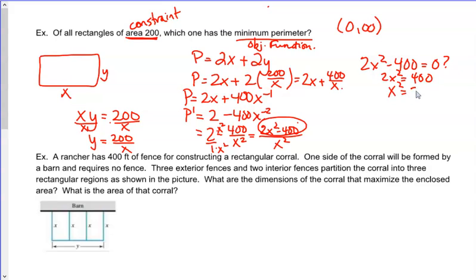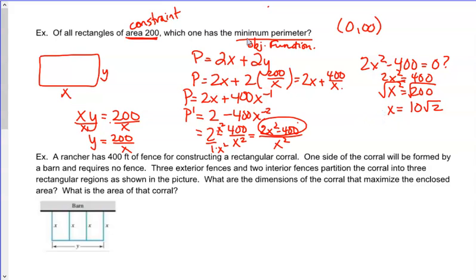Dividing by 2 says that x squared is 200, and then when I square root both sides, now normally there's a plus or minus on this side, but x is a length here. X can't be negative, so I'm going to choose x to be the square root of 100 times 2. We can reduce that to be 10 root 2 as the x value. So the x value is 10 root 2. That's part of the dimensions.